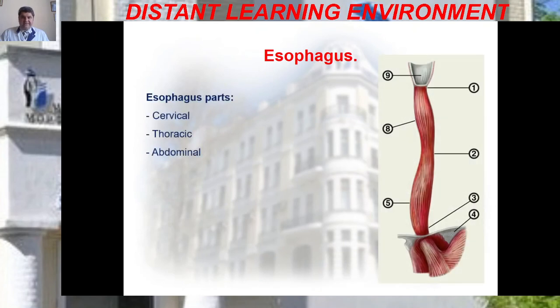You may see the esophagus. This is a hollow tube connecting the pharynx with the stomach. The esophagus has three parts: cervical part, thoracic part, and abdominal part.